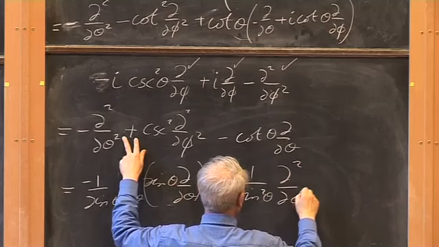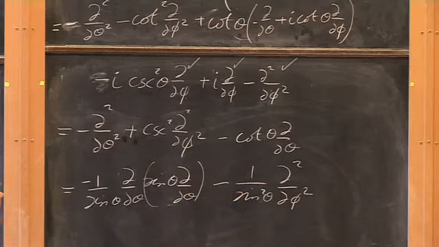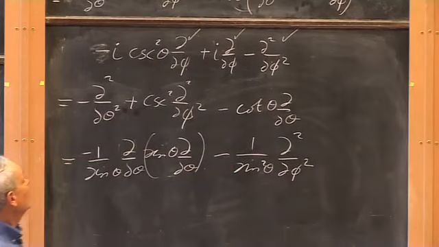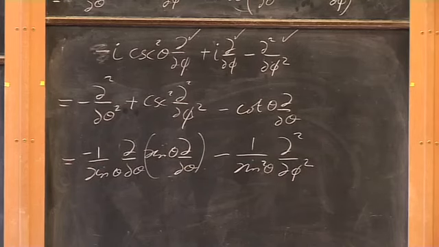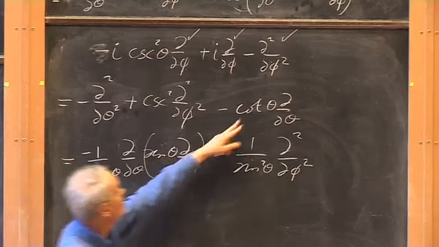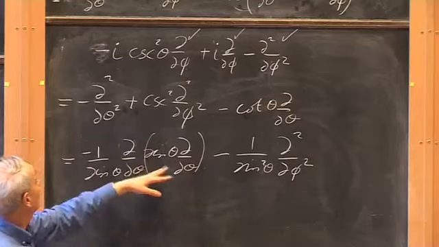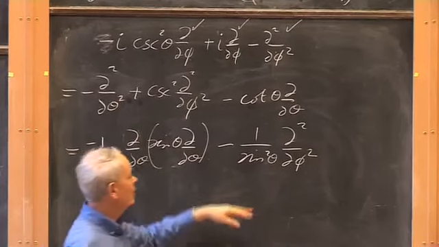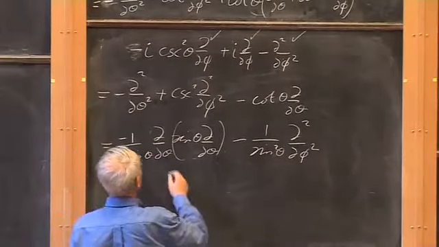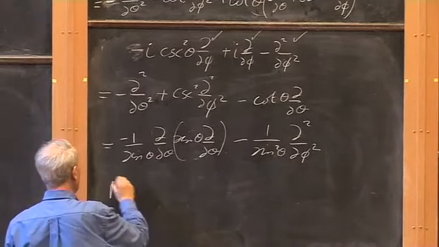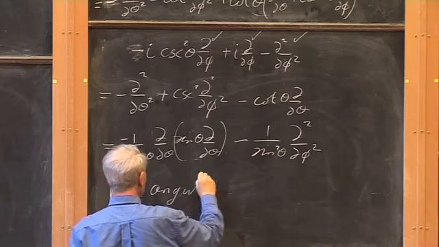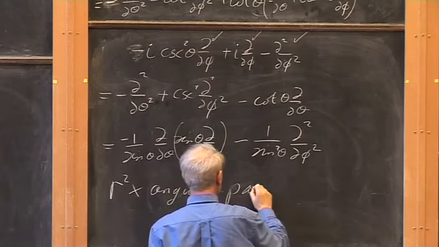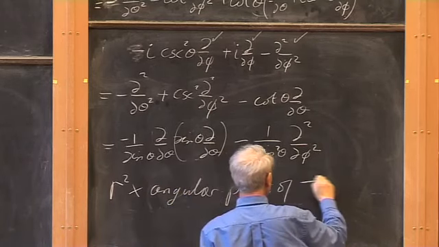So I've screwed up on the sign there somehow. So when you differentiate this, we get a cos, which over a sine is cot, so that's this term here. We have the double derivative sine, et cetera. And what is this? This is r squared times the angular part of del squared.